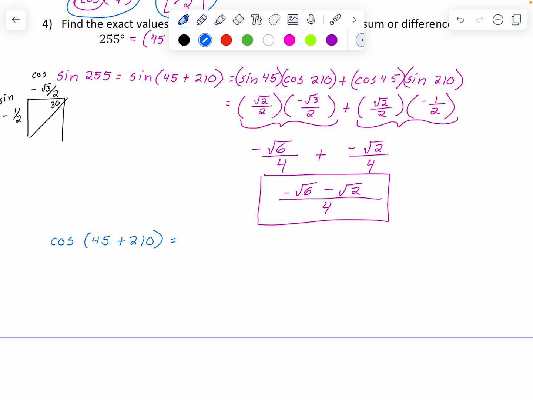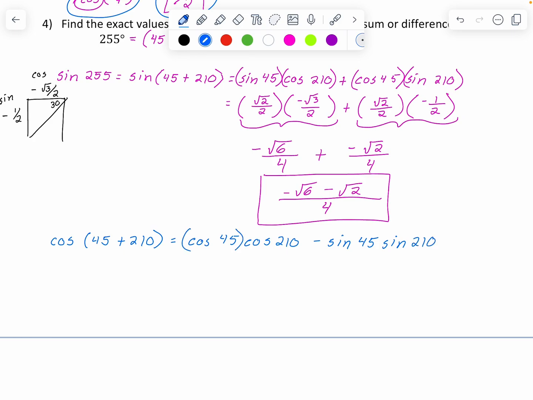So when we look at our formula, that's the second formula on our sheet. And that one tells us that we want to do cosine of the first angle times cosine of the second angle. And then we're going to have minus sine of the first angle times sine of the second angle.